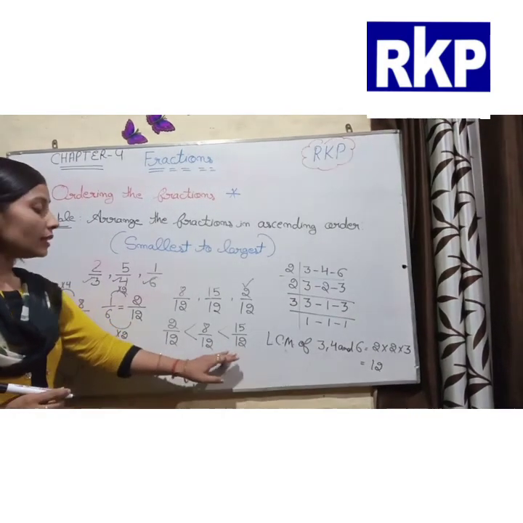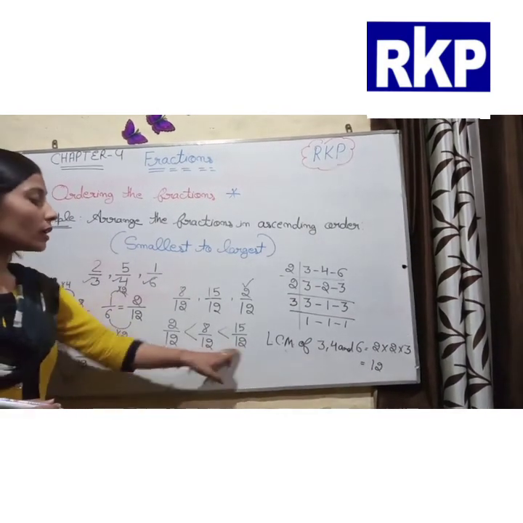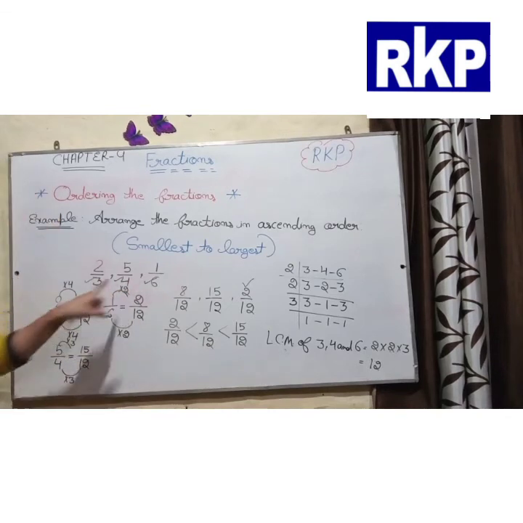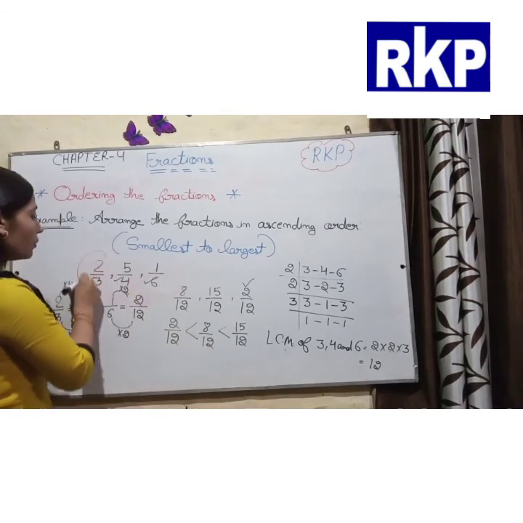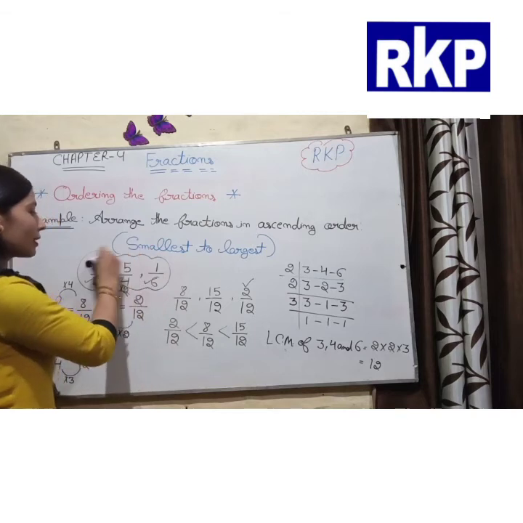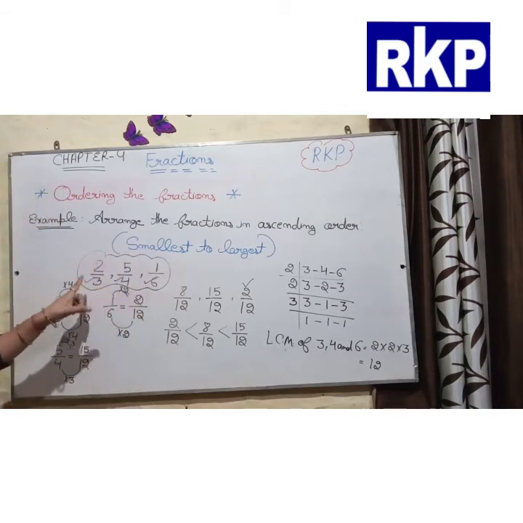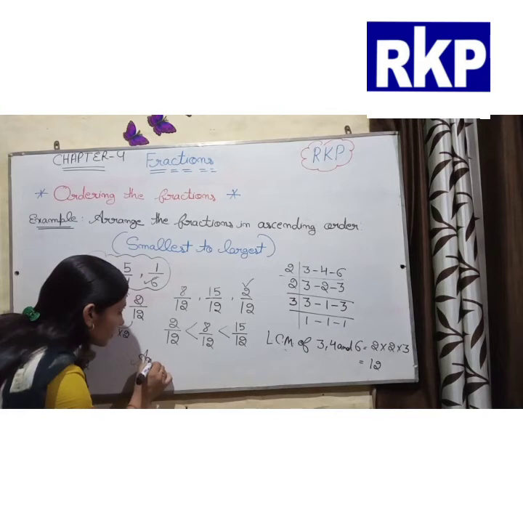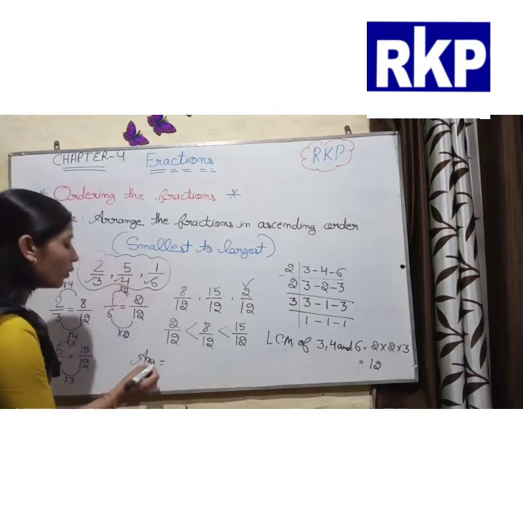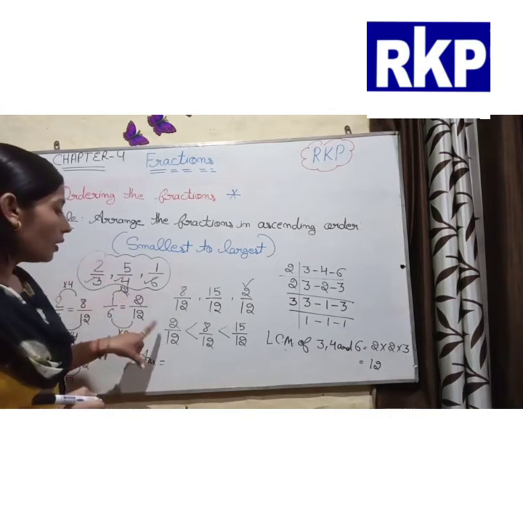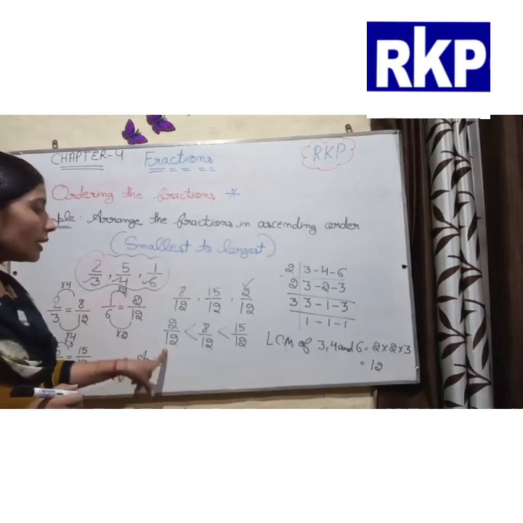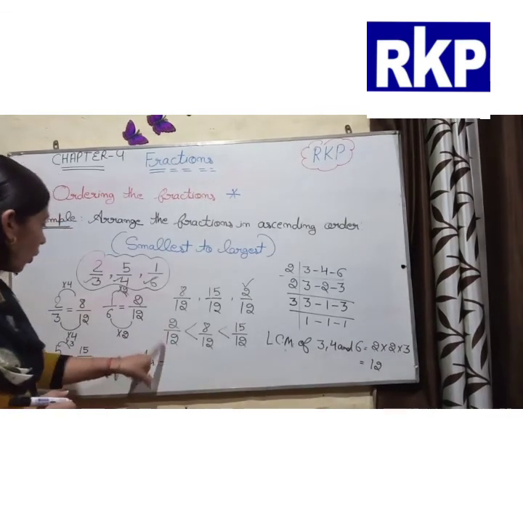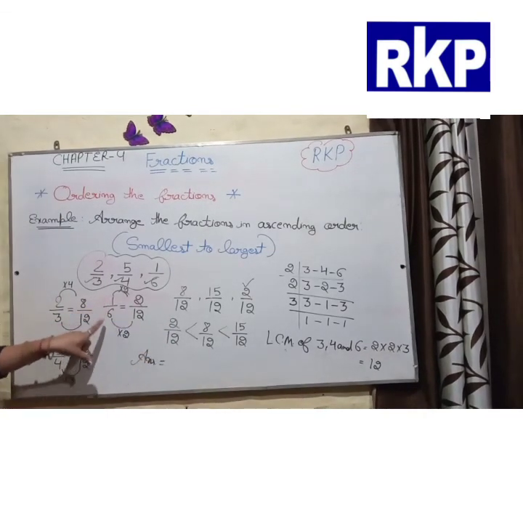But these fractions are not given in our question. We have these fractions, so we have to arrange these fractions in ascending order. So now we will write the answer. We know 2 by 12 is an equivalent fraction of 1 by 6.